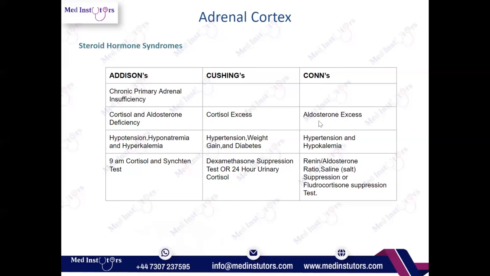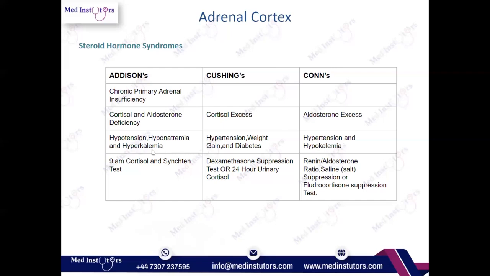Then if we look at Conn's, say aldosterone excess, so the normal function of aldosterone has been exaggerated, which leads to hypertension and hypokalemia. Hypertension, why? Due to sodium retention. Hypokalemia, why? Because aldosterone is paying the price of that sodium, which is your potassium, so leads to hypokalemia, along with your metabolic alkalosis.